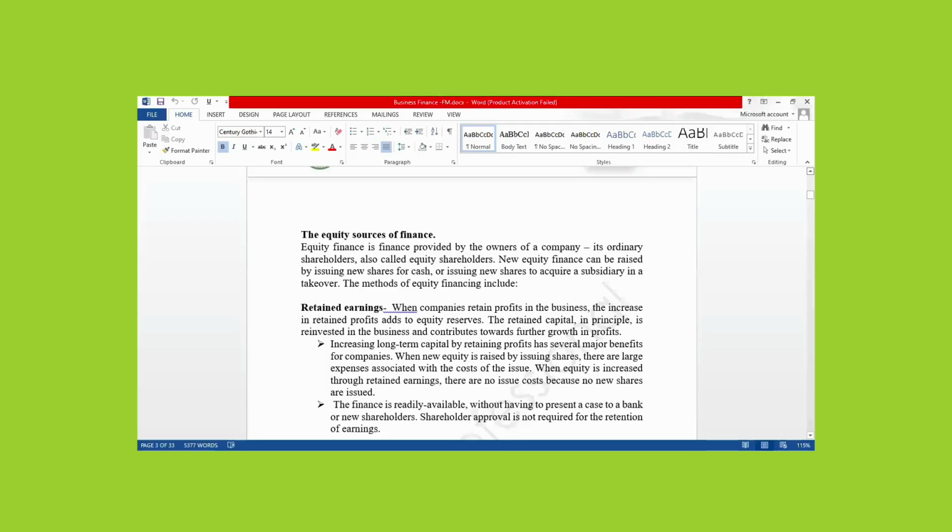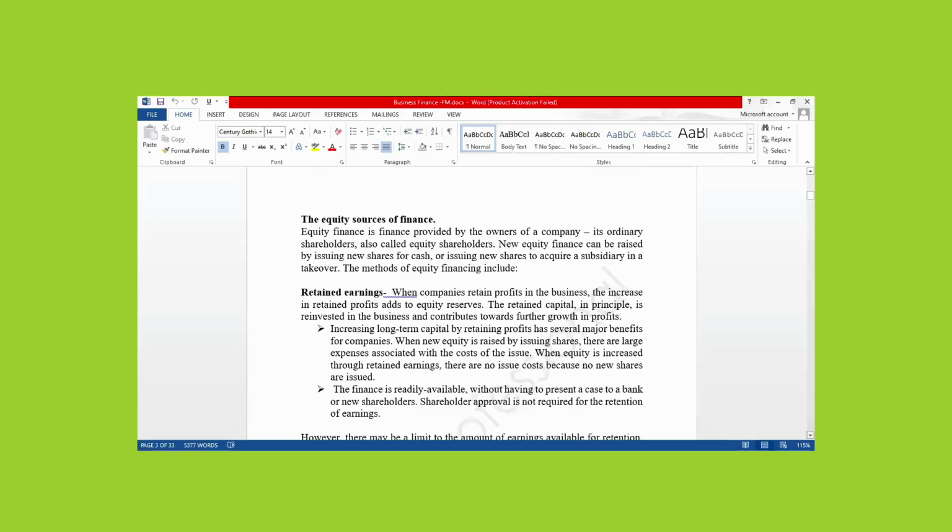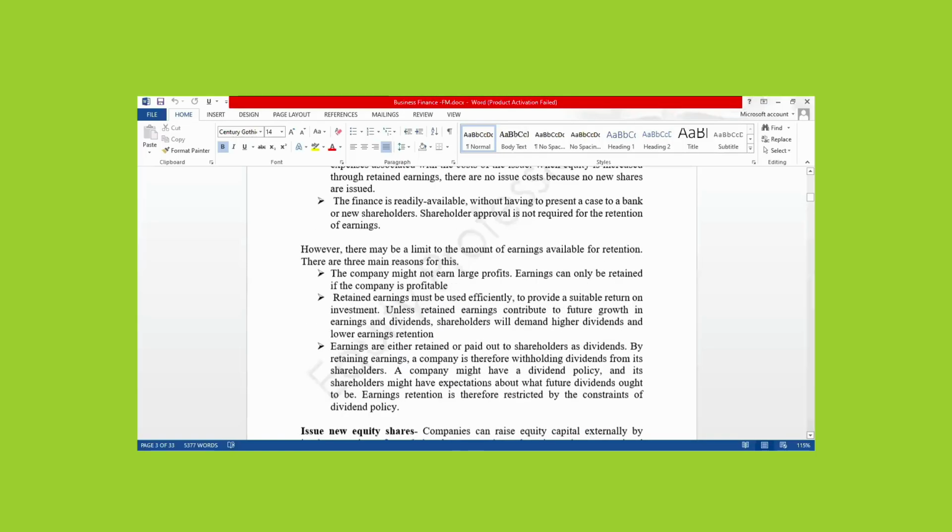We also discuss issuing new shares. Company can issue new shares for the purpose of raising additional finance.